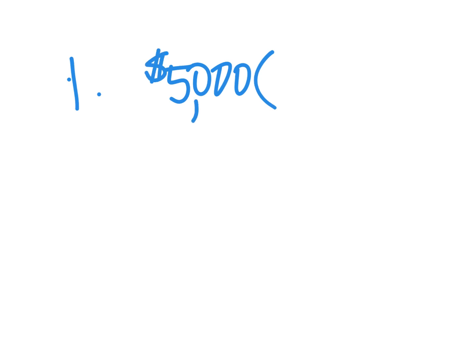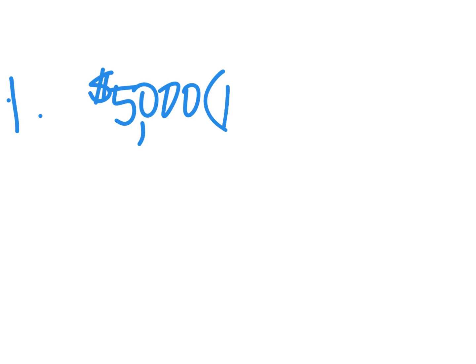All right, so read me problem number 1. Thank you. A car is valued at $5,000 and depreciates at a rate of 2.5%. Here's what a lot of people do. First, they do plus, and then they do 0.25. That would be grow by 25%.